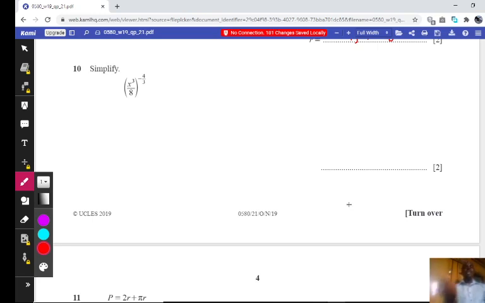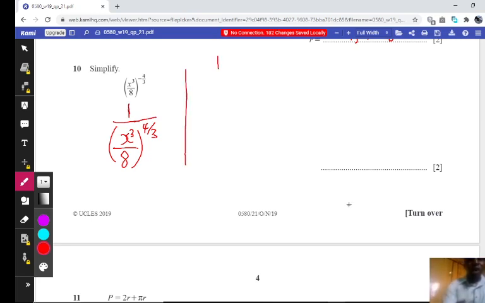It says any number raised to a negative power is the same as 1 over the same number raised to a positive power. So this one will be 1 over x cubed over 8, and the power will now be positive 4 over 3. The one on top, just leave it like that.